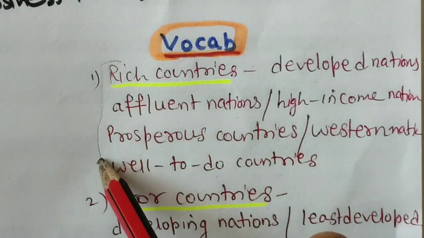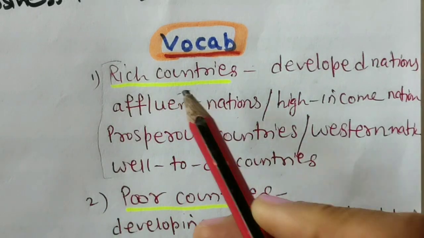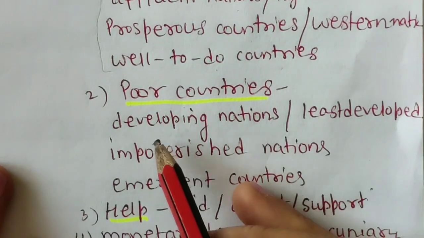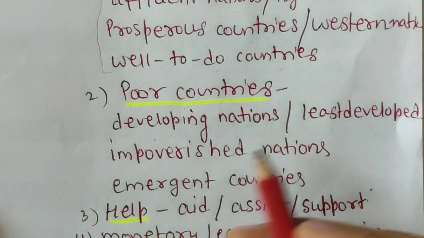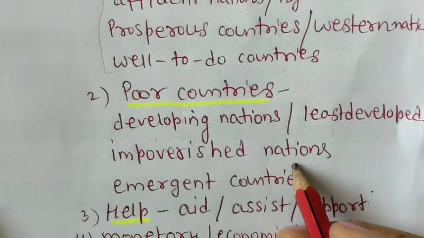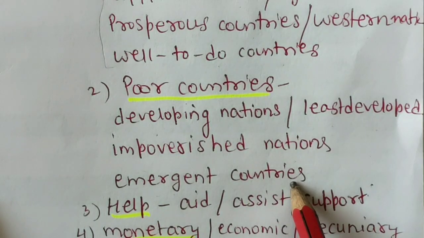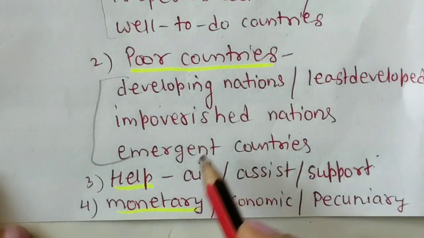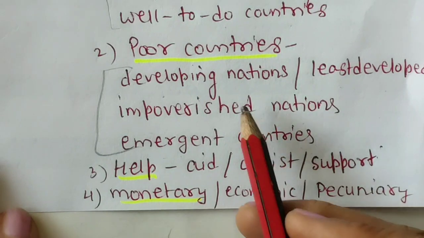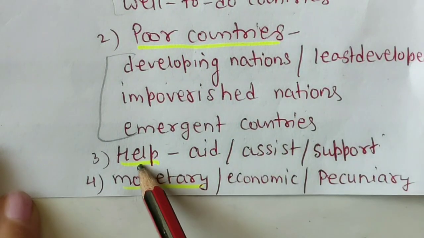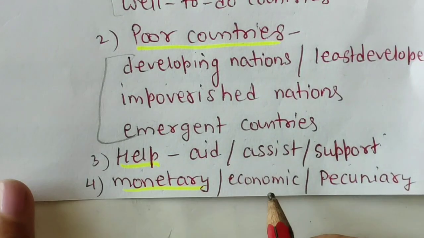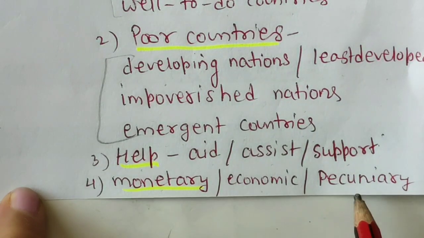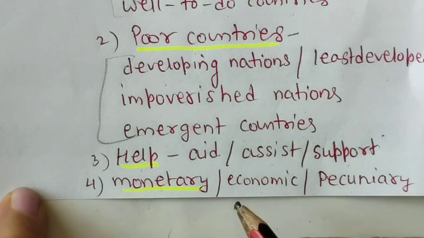You can use these words instead of writing rich countries again and again. For poor countries: developing nations, and under developing nations you can write least developed country, impoverished nations, emergent countries. Another word is also there. For help, you can use aid, assist, support. For monetary, you can use economical help or pecuniary help or monetary. It is given in the question statement.